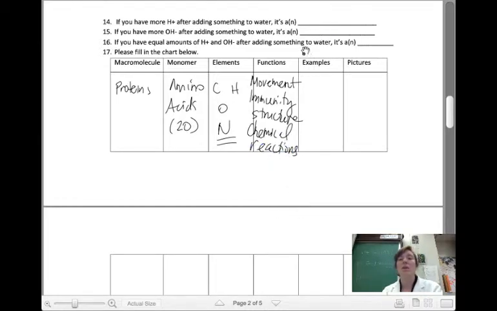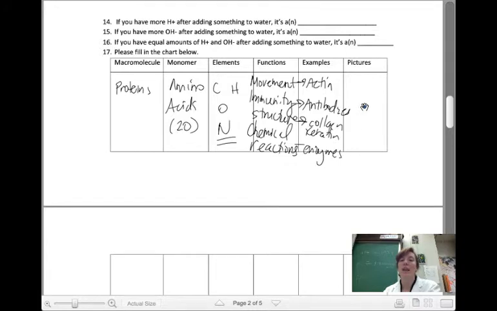And so some examples, so for movement we have the protein actin that helps us move. Immunity, we have things called antibodies. Structure, we could talk about the collagen that's in our face, or keratin, which is in our hair and our nails. And then chemical reactions are all done by enzymes.